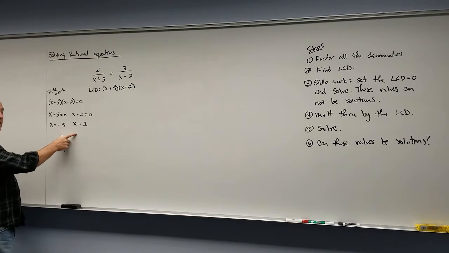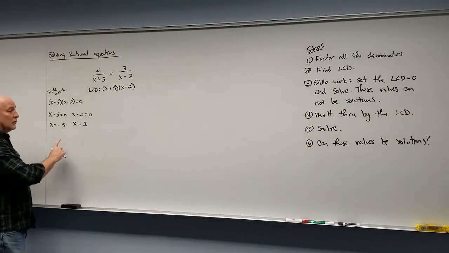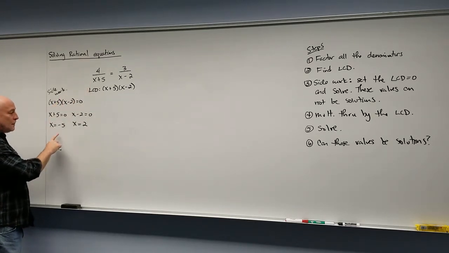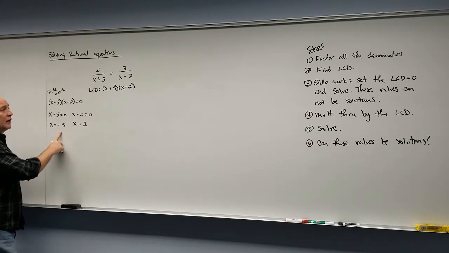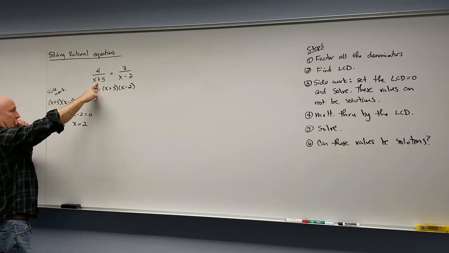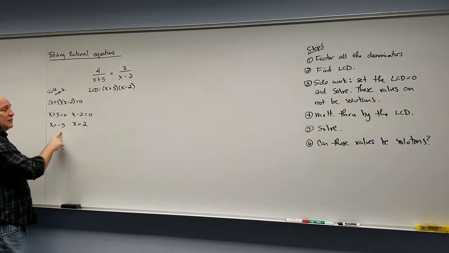Now I said that these values can't be solutions. Remember what our definition of a solution is: when we plug it back into the original, it gives us a true statement. However, if we try to plug either one of these values in here, let's look at the -5. If I plug the -5 in for this x, that gives me a 0 in the denominator. We're not allowed to have that, which means -5 can't be a solution.